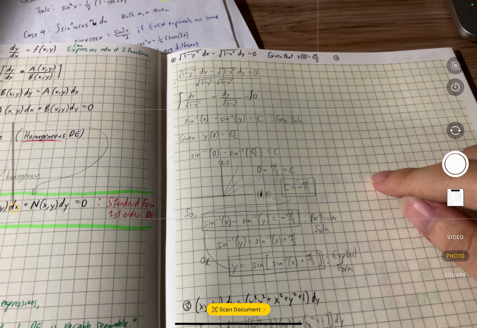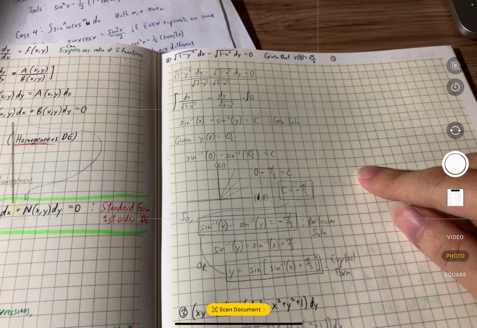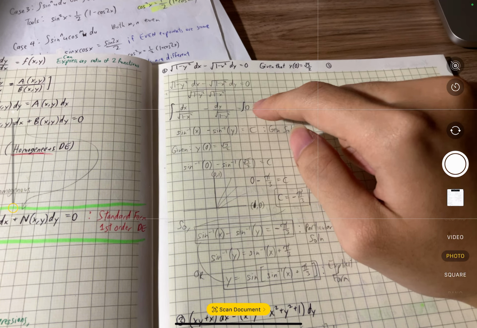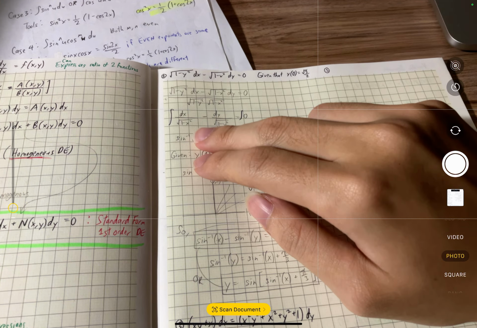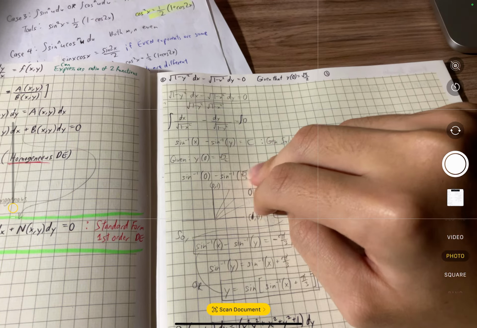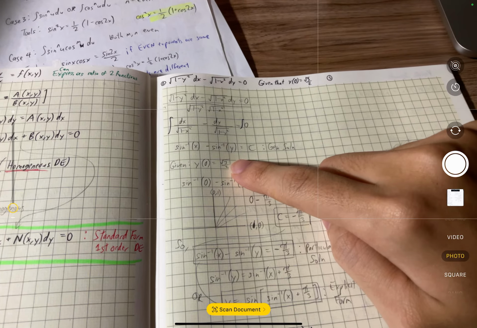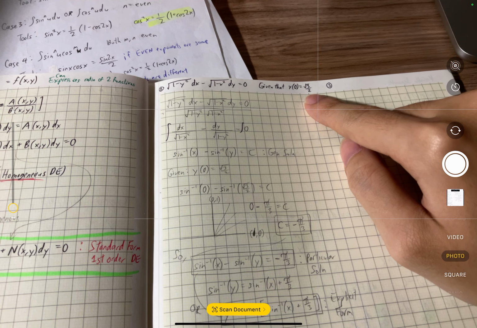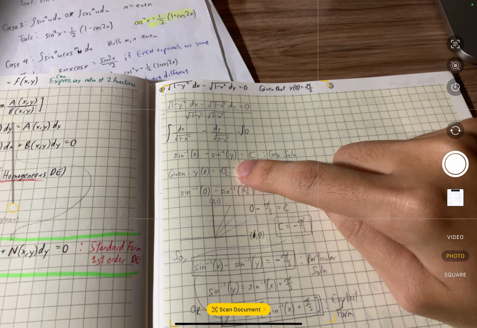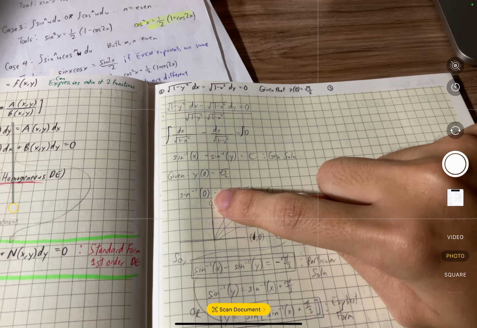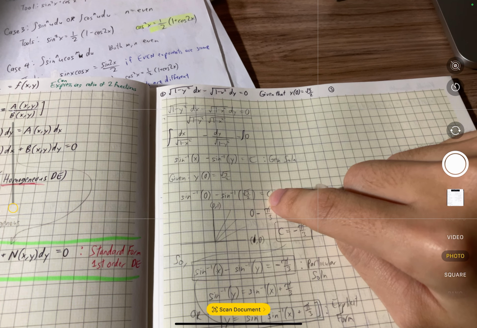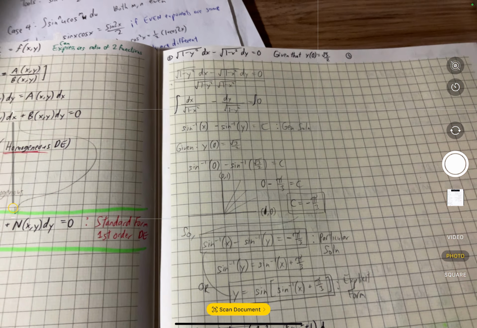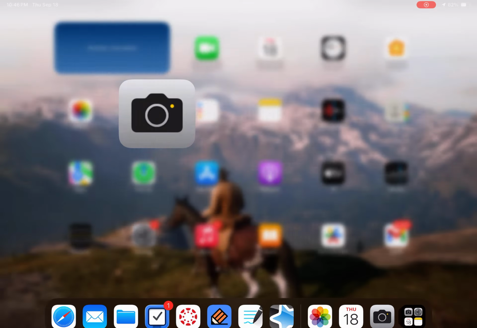The rest is just what you learned from integral calculus. This is arc sine, and then unit circle, identify: given that y of 0 is square root of 3 over 2, what is that in the unit circle? So arc sine of 0 is what?